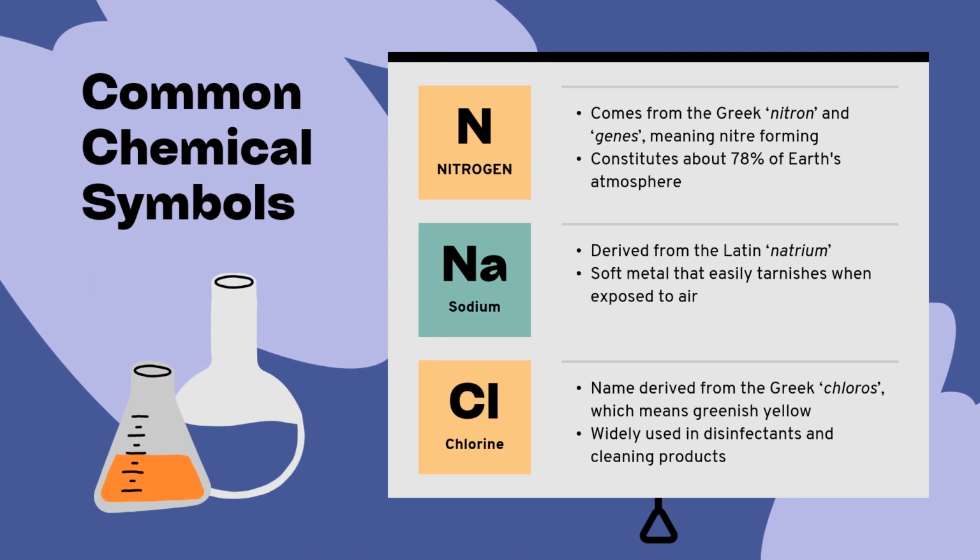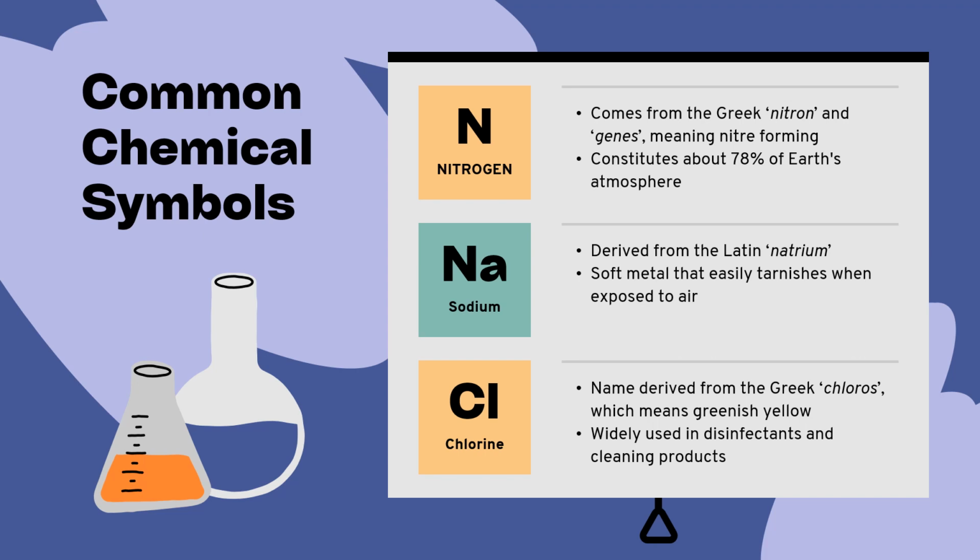There are more. Nitrogen comes from the Greek nitron and genes, meaning nitre forming, and it constitutes about 78% of Earth's atmosphere. It is present in the atmosphere, at 78%. Next is sodium, which we just saw has the symbol Na, derived from the Latin natrium.